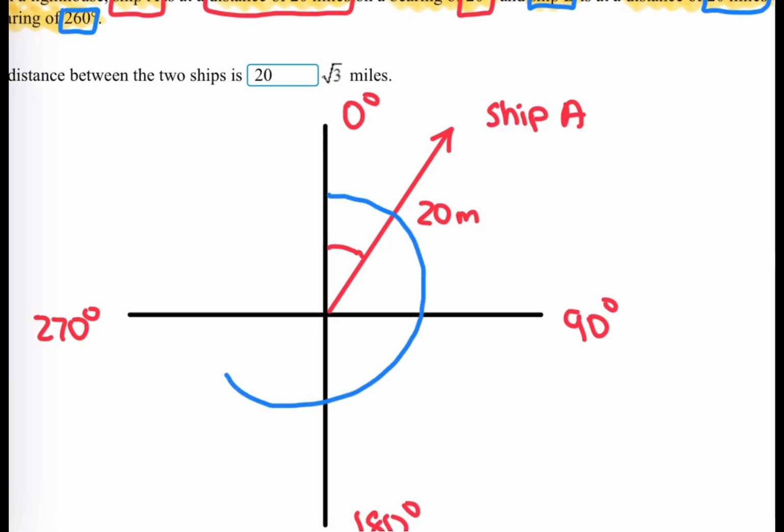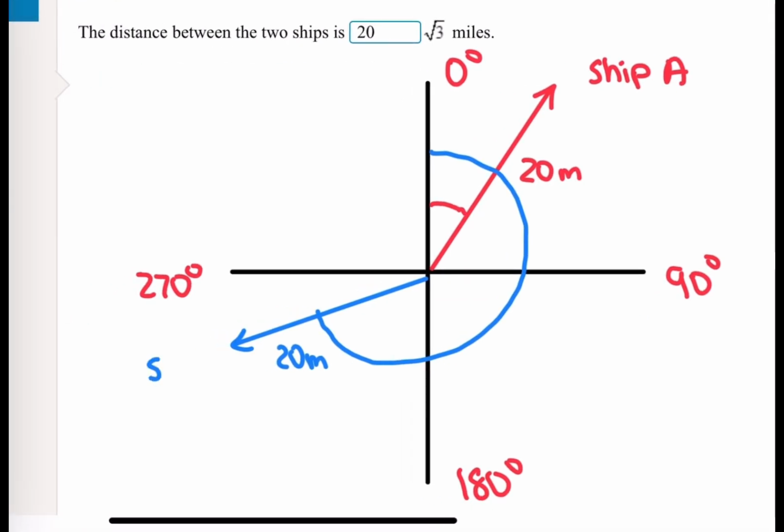It's gonna be about here. And now we're gonna draw it like so, and it's probably not that long. There we go. And this one's also 20 miles, and we're gonna label this as ship B.